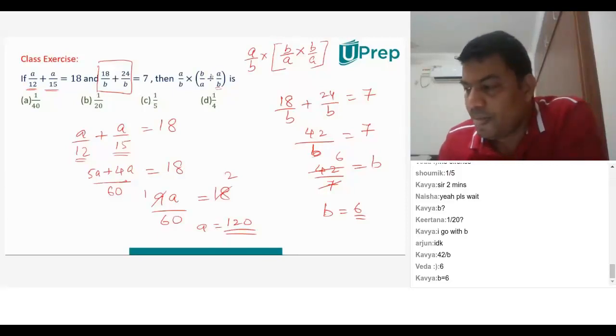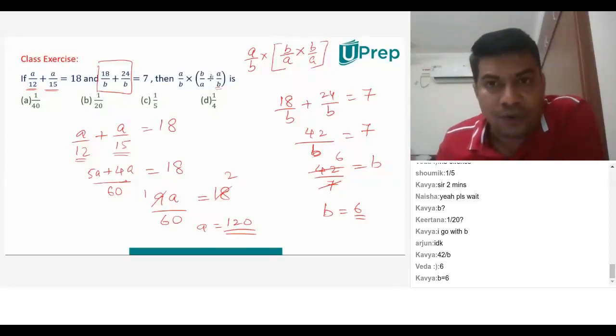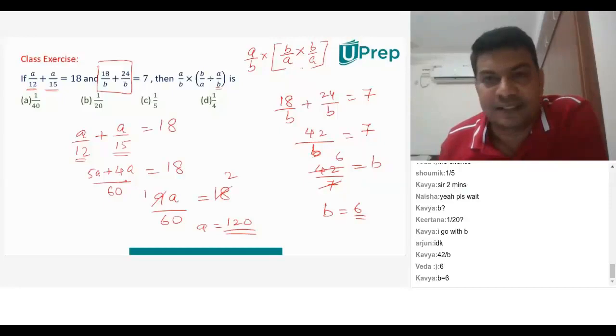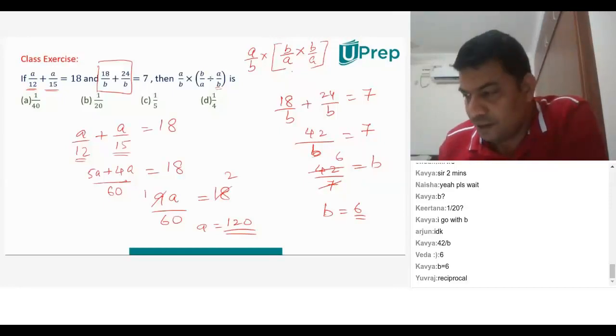Sir, I'm talking about A by B into B by A. Now you can do it, but first you have to do this step, otherwise you'll end up making mistakes. First we have to do the reciprocal. Yes. You have done the division part, so everything is in the same line. Now you can say multiplication.